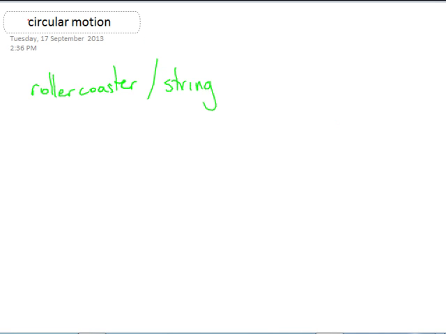So at the bottom of the circle, you've either got your roller coaster cart, you've got mg that way, you've got your normal reaction that way, or you have mg that way and tension that way.